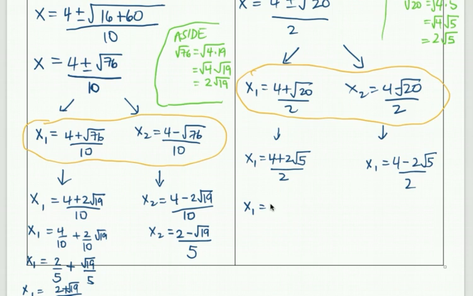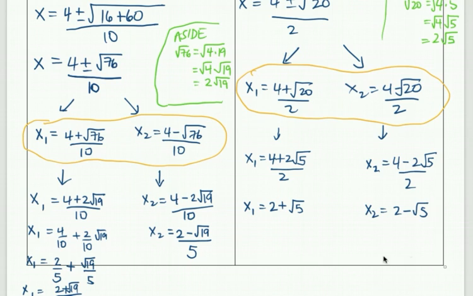That becomes 2. And then 2 divided by 2 is just 1, so it just becomes root 5. Sorry, this is 2 plus root 5. And, oops, this one will become 2 subtract root 5. Okay? All right, so you're just going to simplify it out for fun. But yeah, you can leave it here like that.